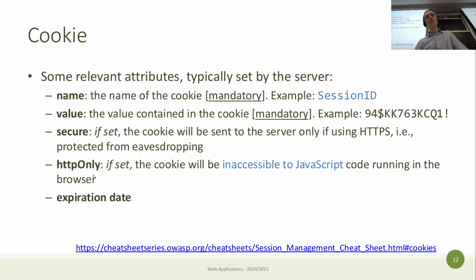HTTP only, that's another very important attribute that we will use in this course. If set, the cookie will be inaccessible to JavaScript code running in the browser. This might seem strange, but we don't need to access the cookie from our JavaScript code because it's already handled automatically by the browser. When we make a request and there's a cookie to be sent to the server, the browser can send it automatically. Allowing the cookie to be accessed by JavaScript in the browser just exposes the cookie to a lot of potential vulnerabilities.